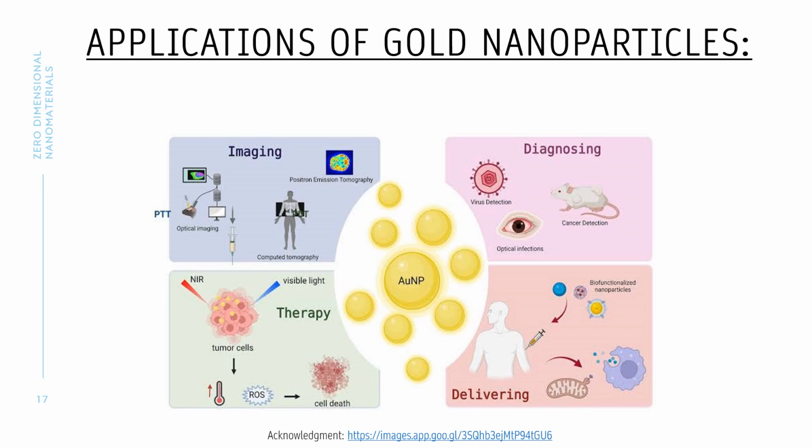So, gold nanoparticles have a wide range of applications, especially in imaging, such as optical imaging, computed tomography, etc. And they are also used for therapies. Photothermal therapy is one specific case where gold nanoparticles absorb light, especially in the infrared region.